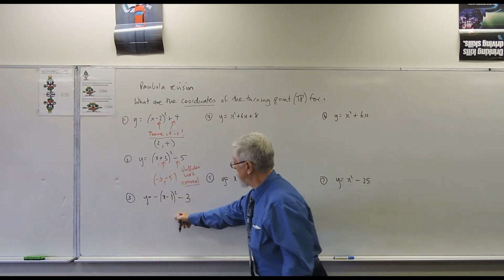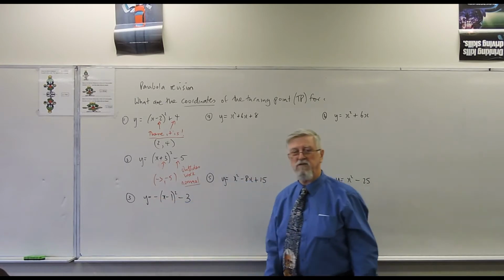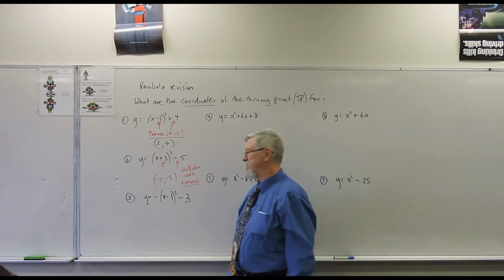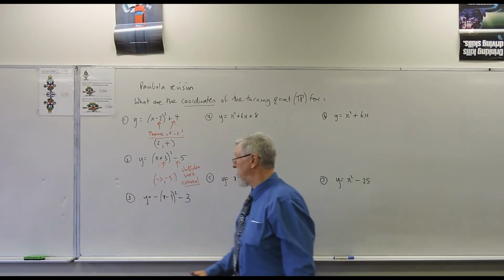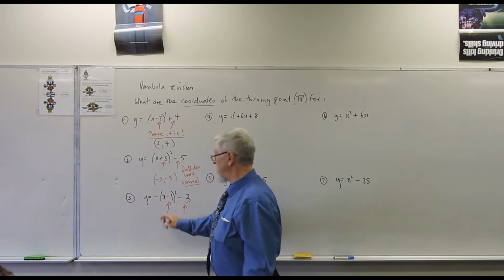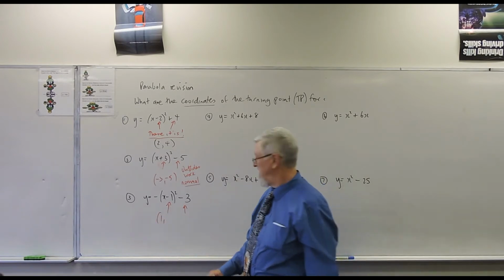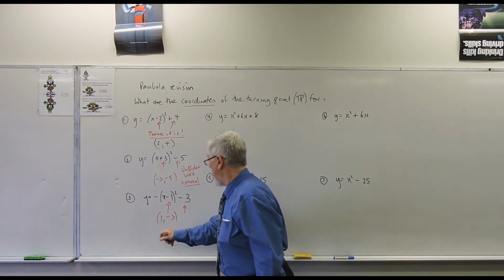Let's look at this one. Does a minus make any difference? We could muck around and do all sorts of things with it, but anyway, let's just go. There it is. So what's the opposite of -1? 1, and it's got a -3. And that's your turning point.